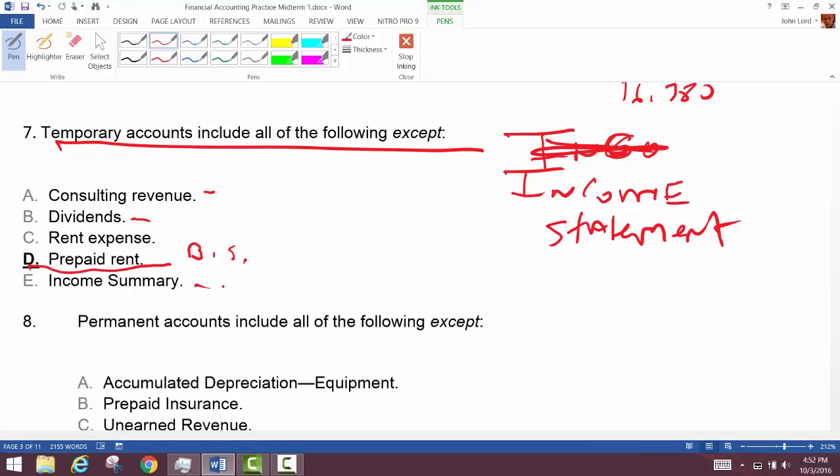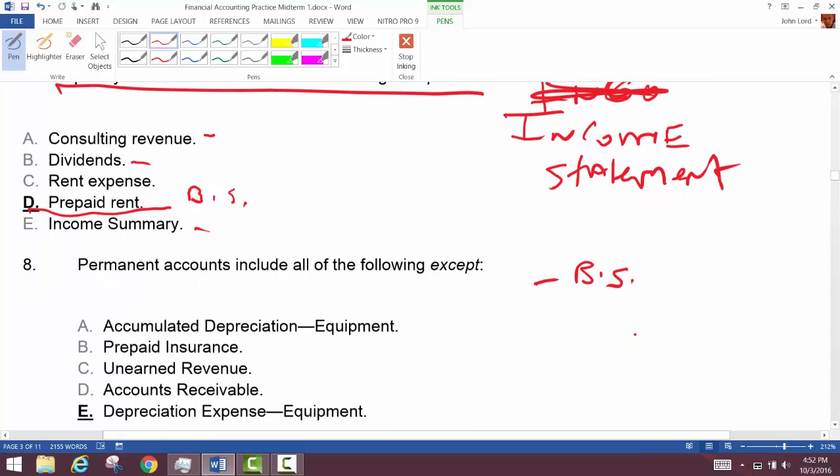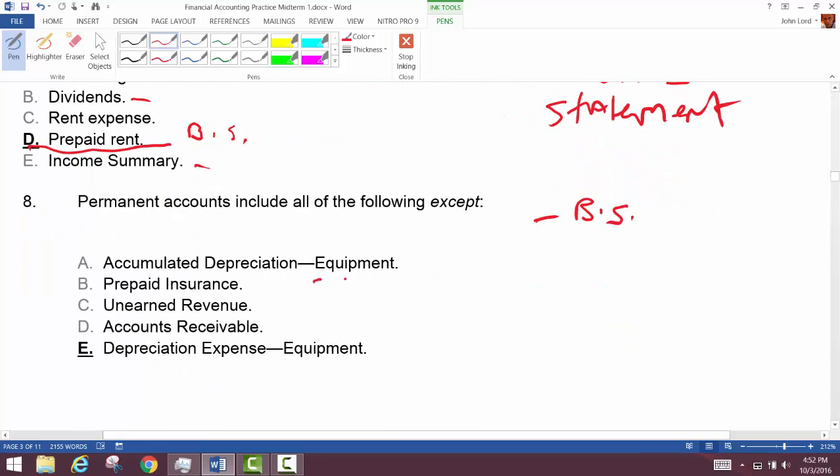Permanent accounts appear where? On the balance sheet. They carry forward from period to period. So there we go. Accumulated depreciation is a permanent account. That's why I'm saying they shouldn't have tried to include that in the closing entries to the income summary. Income summary is temporary. How can you close accumulated depreciation to the income summary?